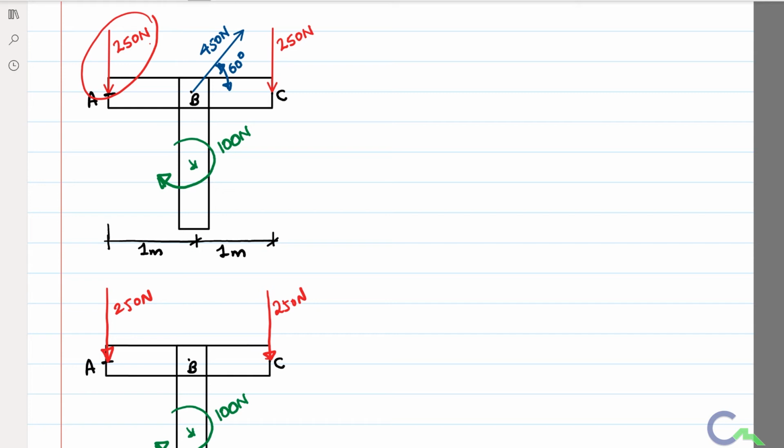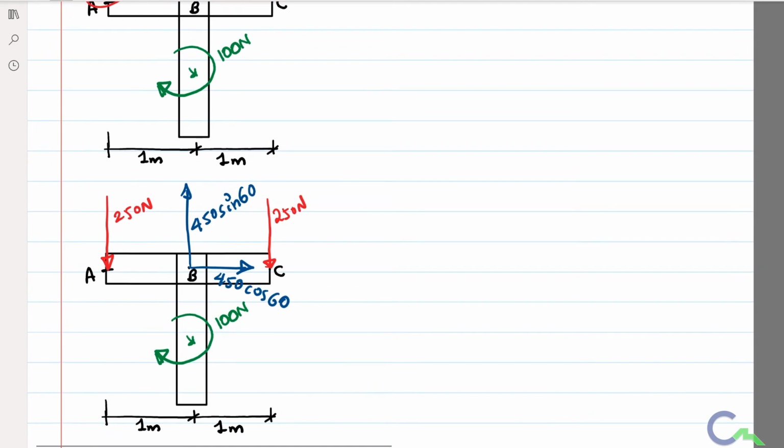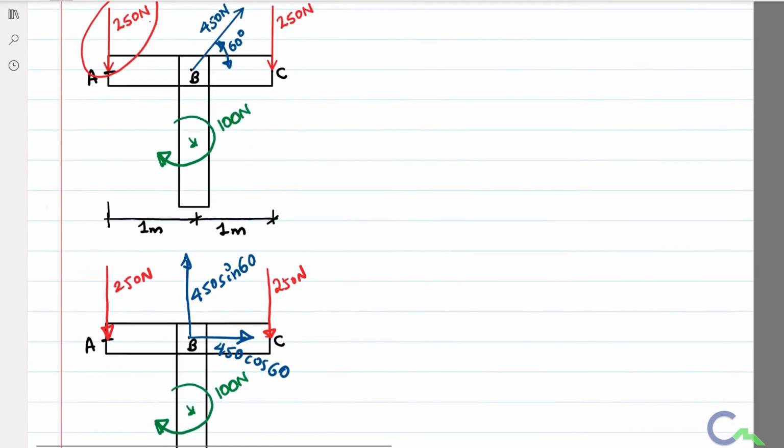So we have 450 Newton force, angle is given with respect to horizontal, therefore horizontal component I will take 450 cos 60. The vertical component I am going to take 450 sin 60. So these are the forces, whatever the 100 Newton clockwise moment they given couple, I will take as it is.